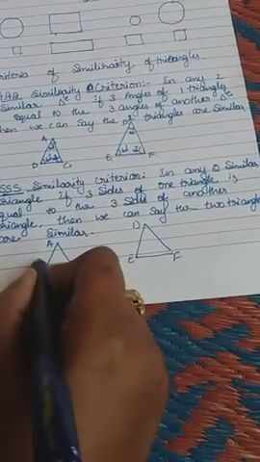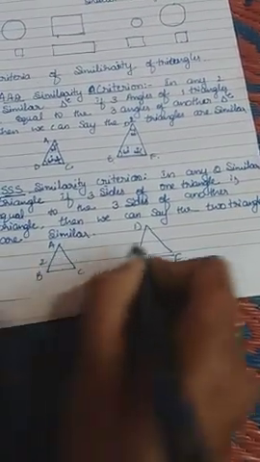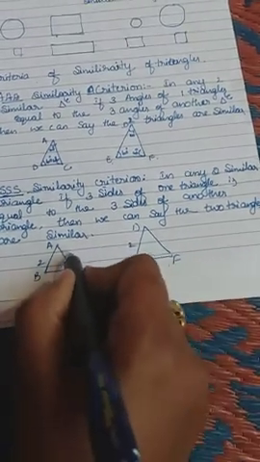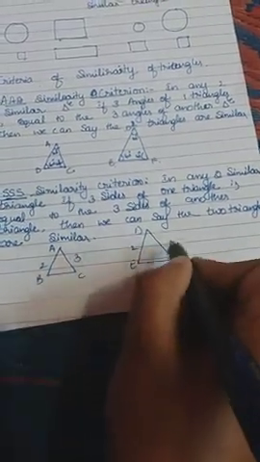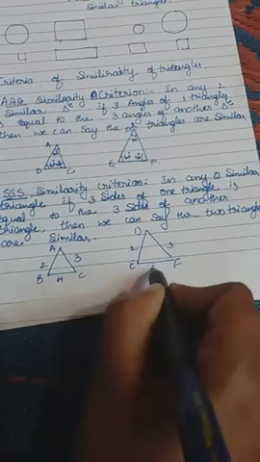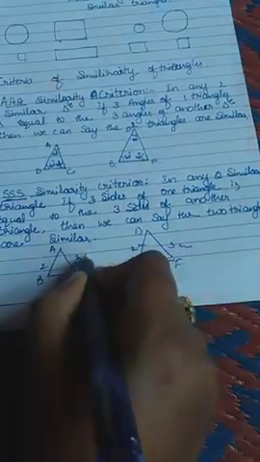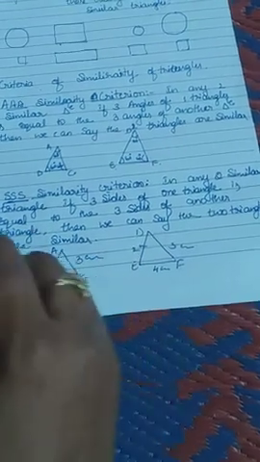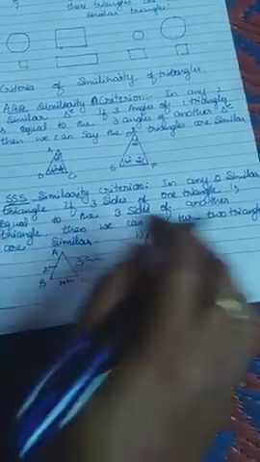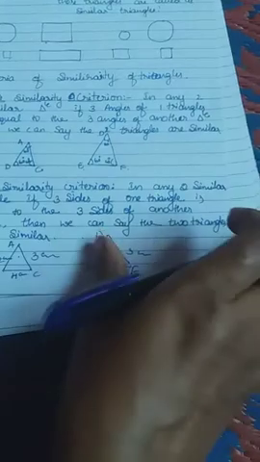If it is 2, this should also be 2, if it is 3, this should also be 3, if it is 4, this should also be 4. Then it is called similar. That is the SSS similarity criterion. Next we move to the last criterion in your class, the SAS similarity criterion.